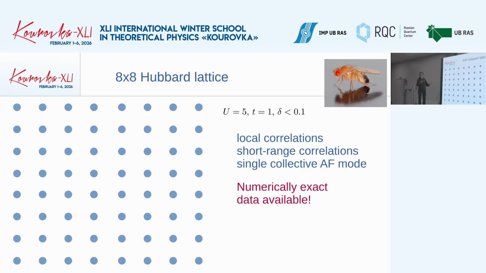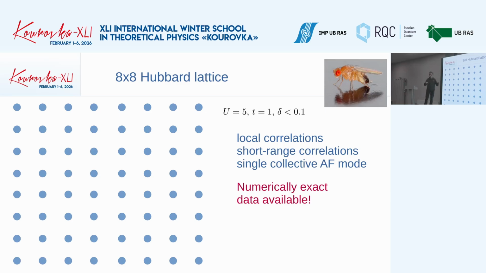It's a medium-sized system, 64 sites. But it is small enough that, in terms of the order parameter, this system tends to antiferromagnetism. It is more Landau-like, not Landau-Ginzburg-like.